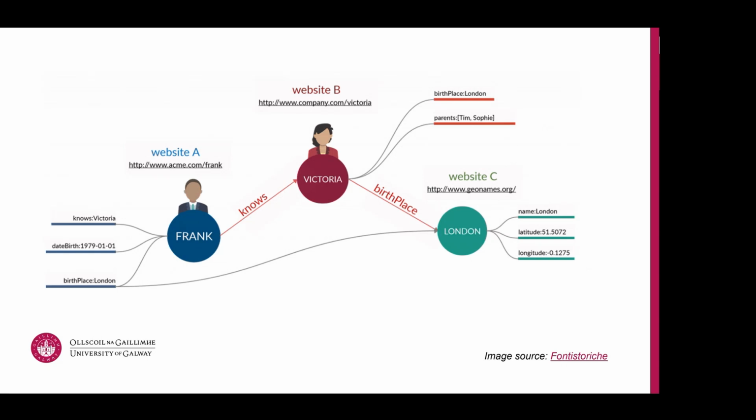So this person, Frank, works in some organization called acme.com, and he has a page with this link, and it is his identifier, right? He knows Victoria, who works in another company, and she also has a page in this company. That's her unique identifier.